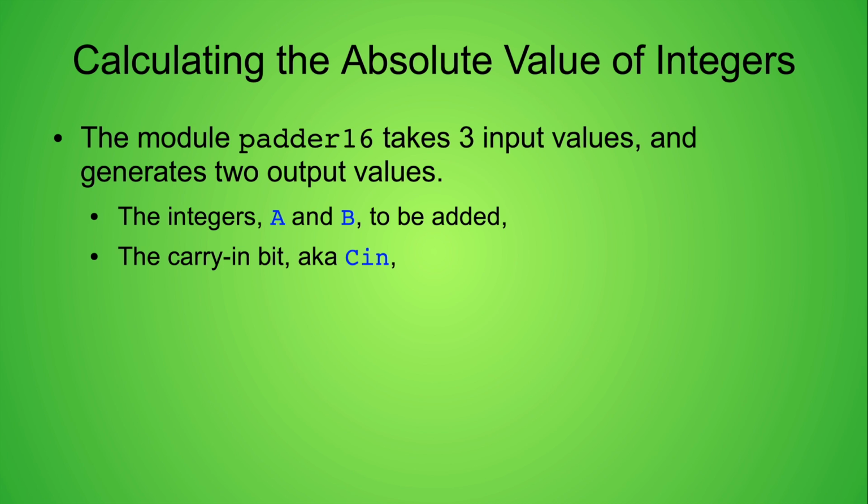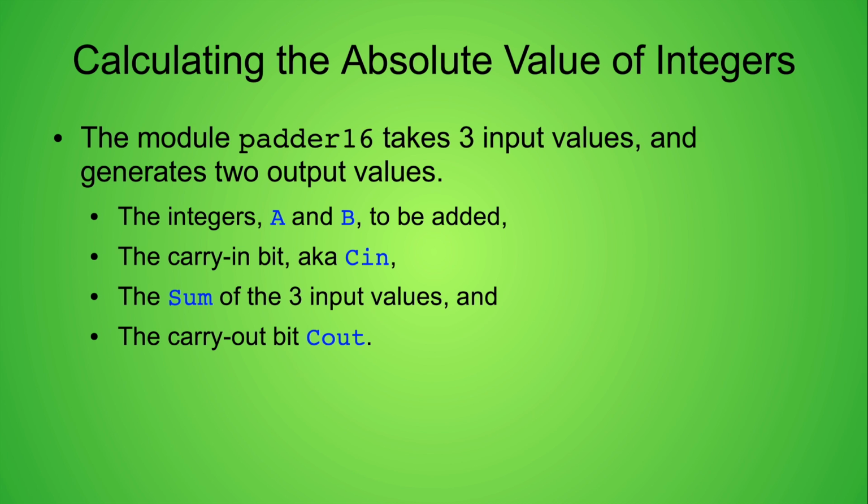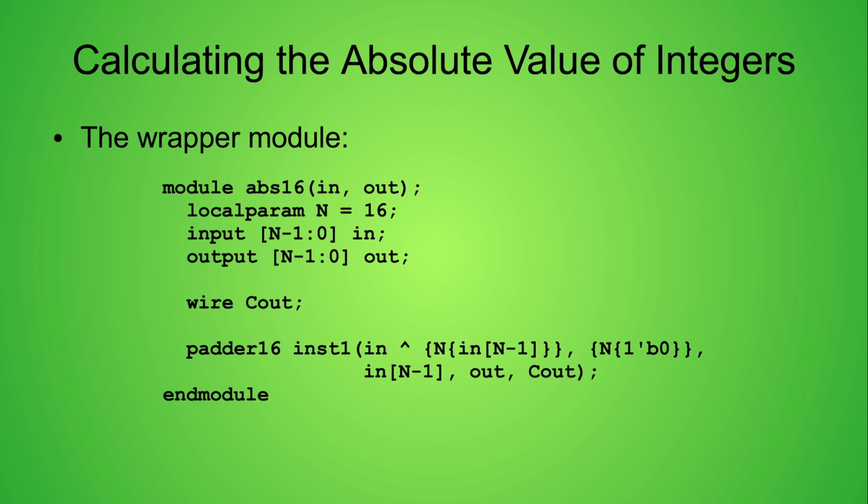The module generated by padder.py calls this parameter cin. The first output value is the sum of the 3 input values. The final parameter is the carry-out bit, cout. You'll need to remember these names as I make changes to the adder circuit. This is the wrapper routine which goes around the adder.